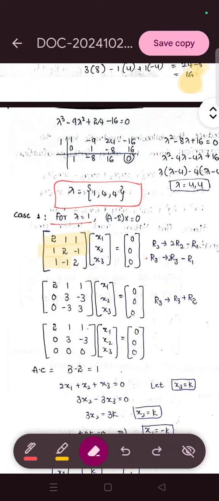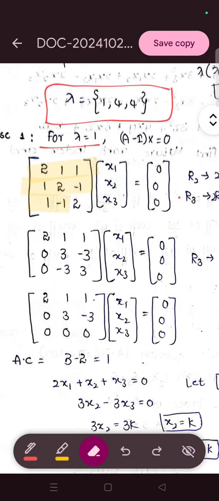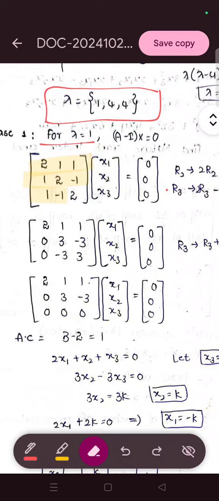If you are confused here, you can follow the previous class process; if not, you can follow this process. So what is the rank here?